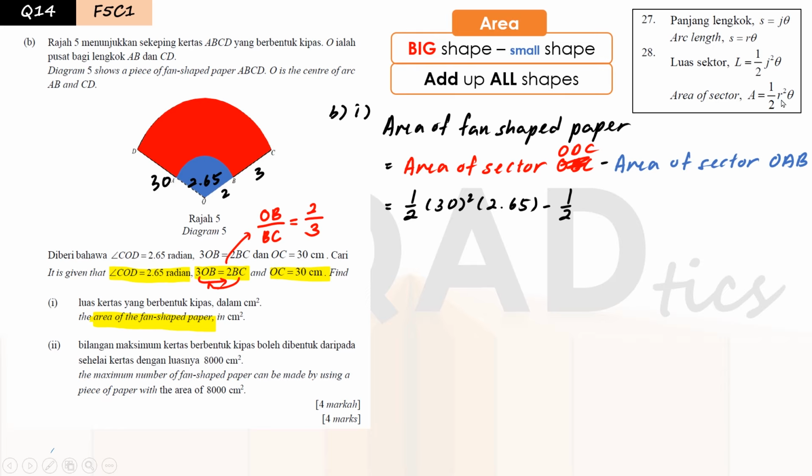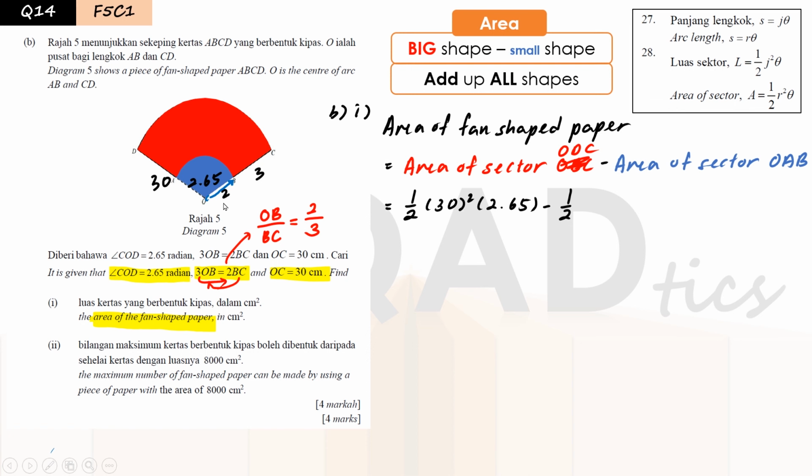And for the radius of the small sector OAB, we do not have the value yet, so let us find it out first. The radius of the small sector is 2 parts.